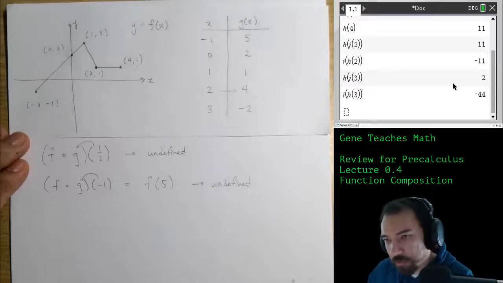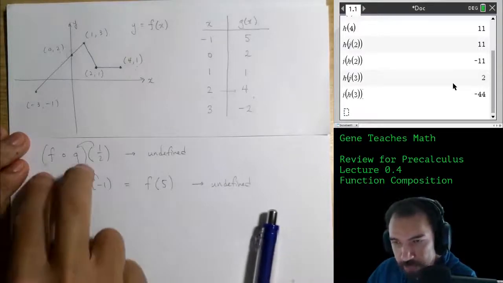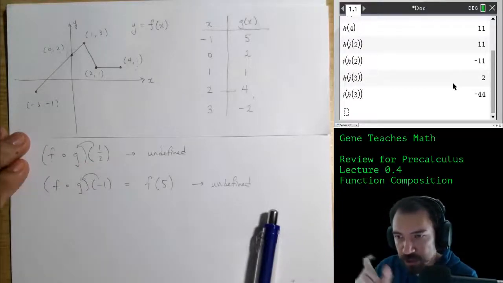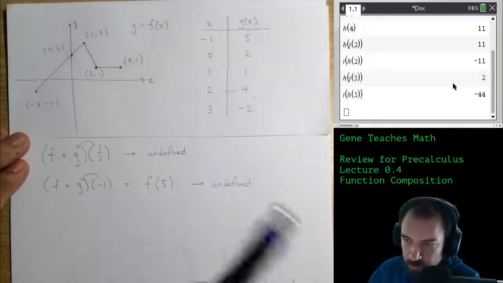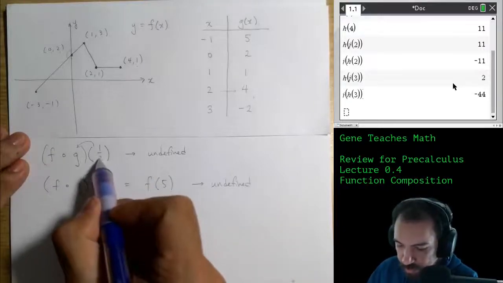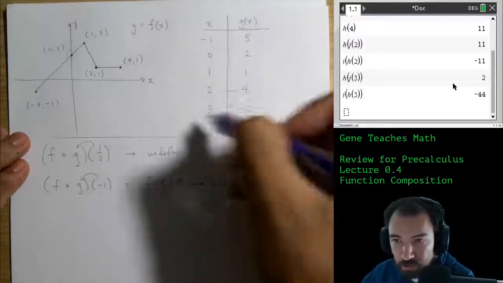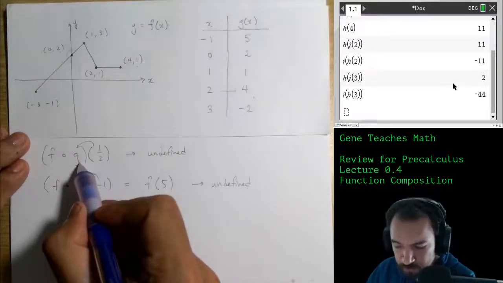So now we have to think, what is the domain of f of g? Because theoretically, we can represent f of g as a single composite function. Well, one thing that could happen is that the number we use as the input could not be in the domain of the first function g, the inner function. Okay?